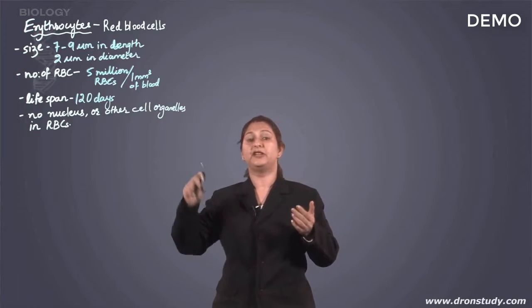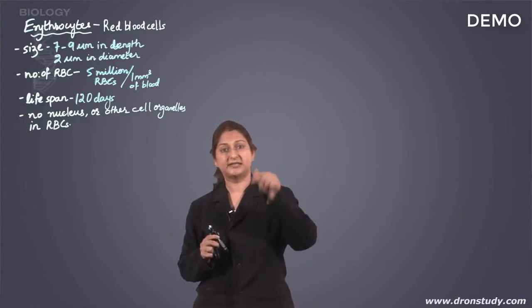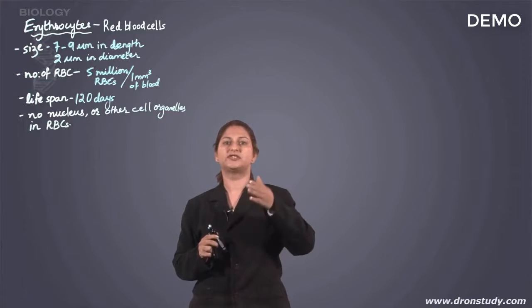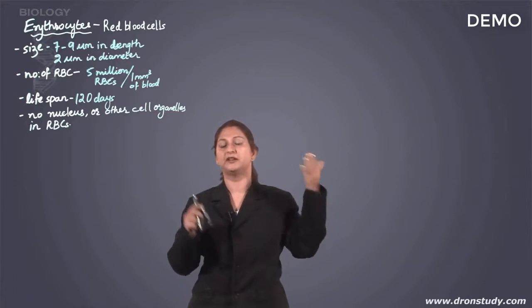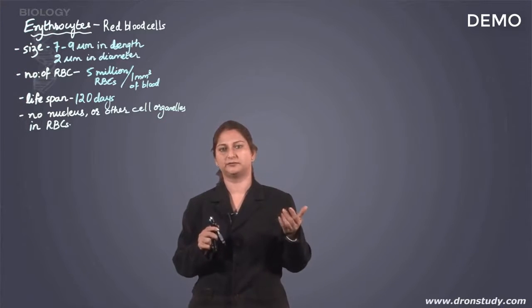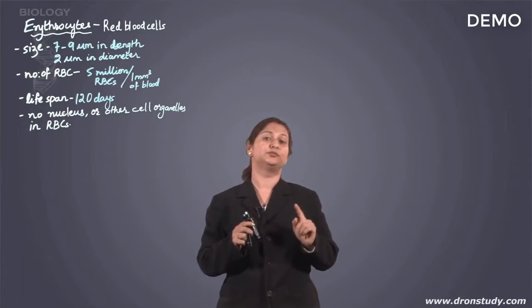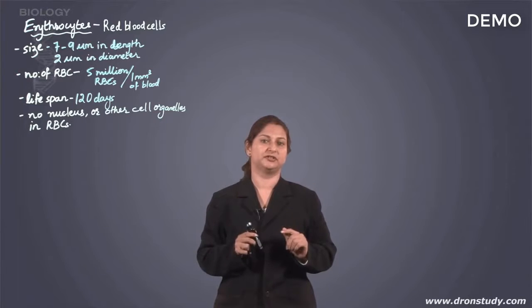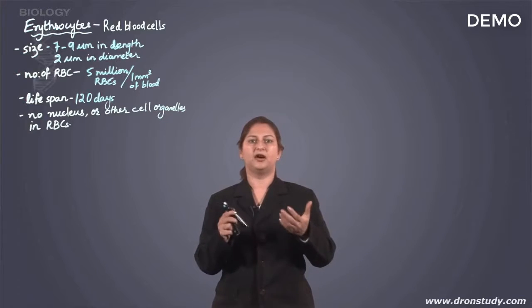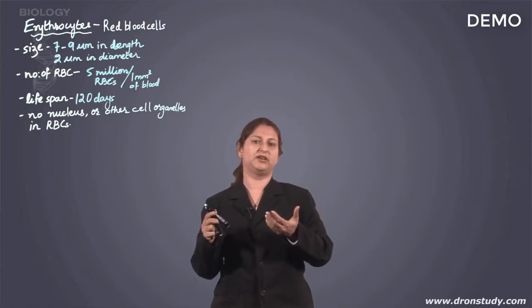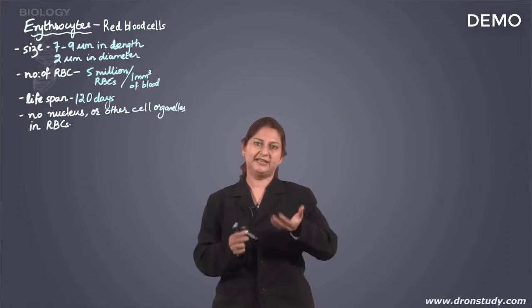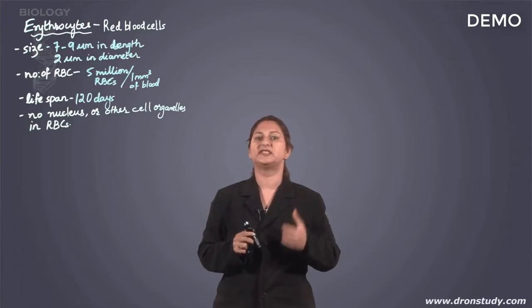And if there were mitochondria inside the RBC, the oxygen would be used up by that mitochondria for oxidation, which it cannot allow because it is only supposed to carry the oxygen. It is like, if a sweet meat shop owner eats up all his sweets, what is he going to sell?